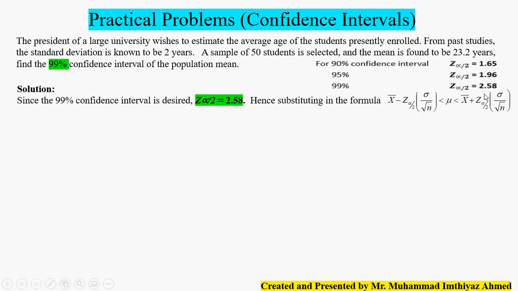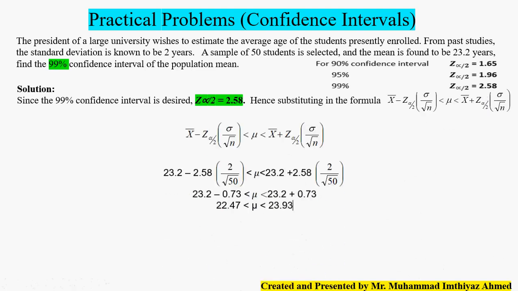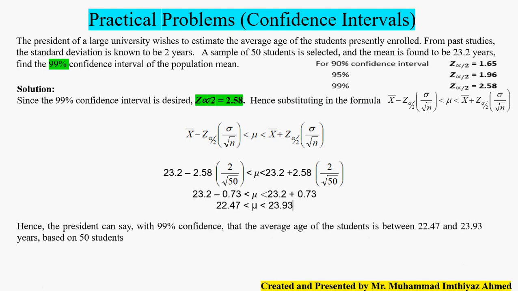So substituting in the formula, our result will be 22.47 and 23.93. Therefore, the president can say with 99% confidence that the average age of the students is between 22.47 and 23.93 years based on 50 students.